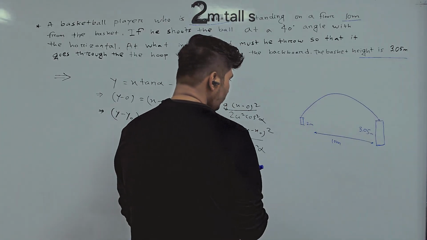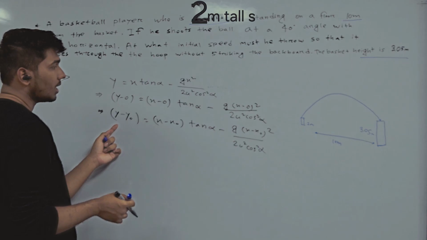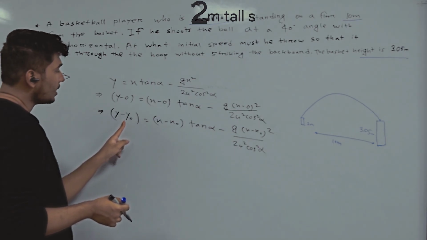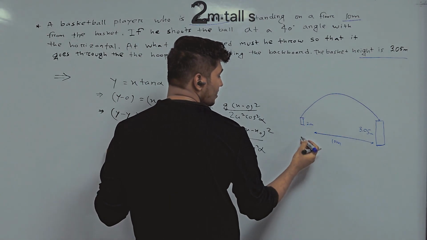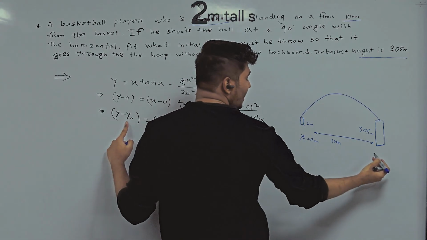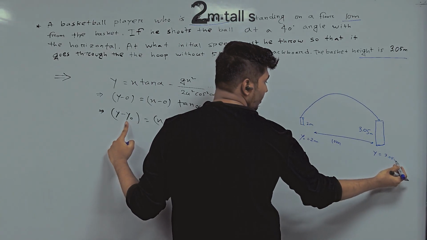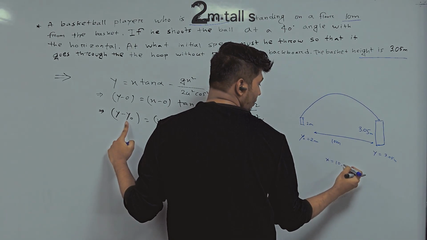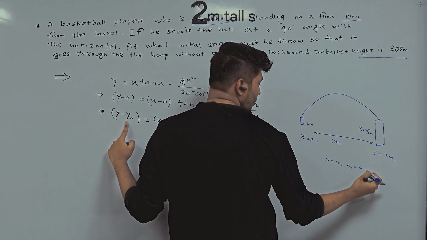Now, to solve this equation, which will be the value of y naught? Y naught means initial vertical distance. The y naught is 2 meter. What is the final vertical distance? Y, which is 3.05 meter. What is x? X is 10 meter. And what is x naught, I mean the initial horizontal distance? That is 0 meter.